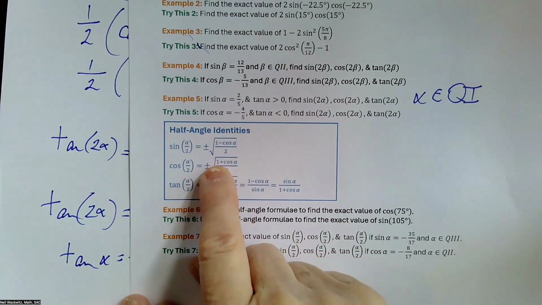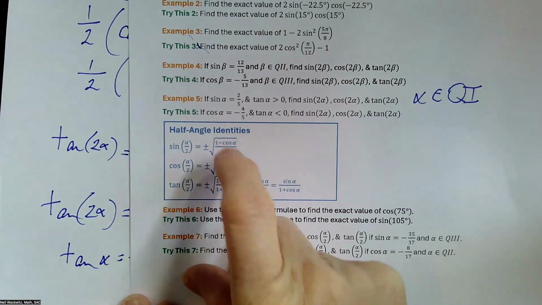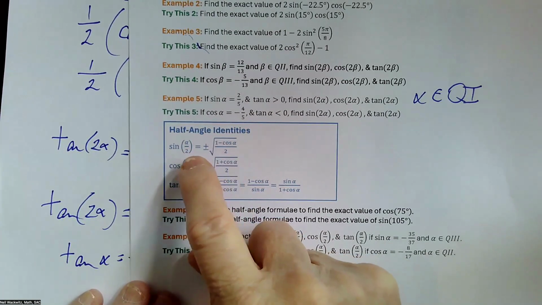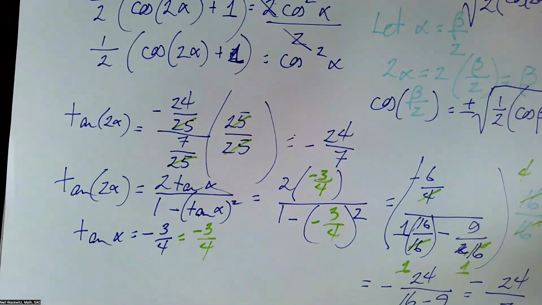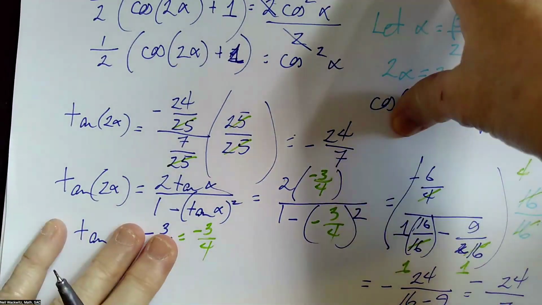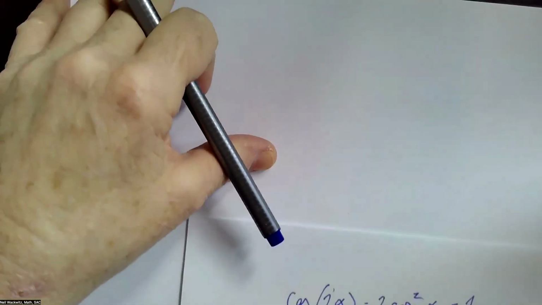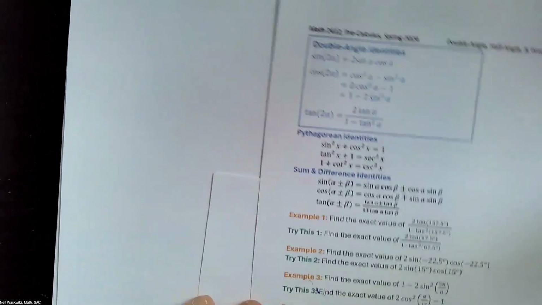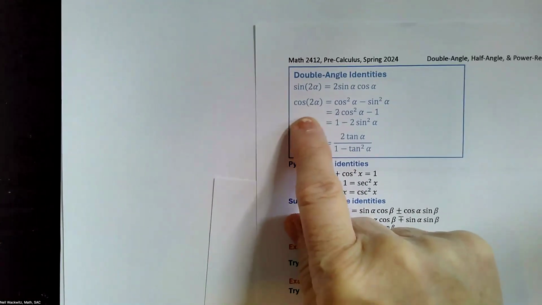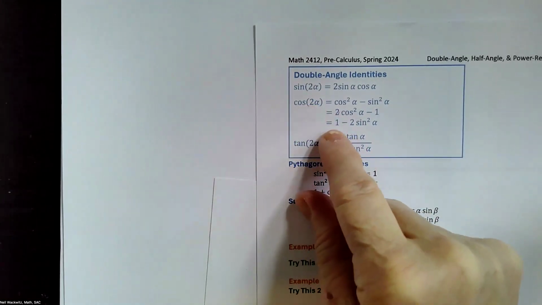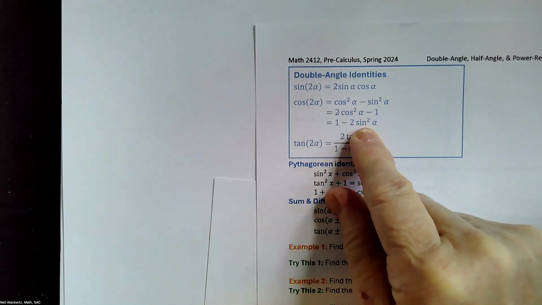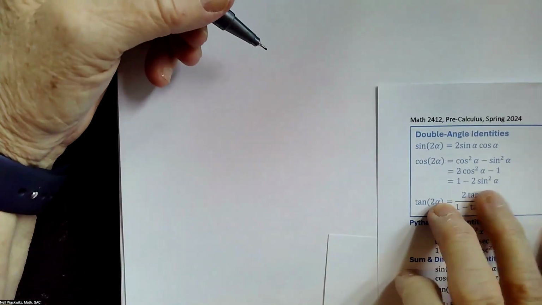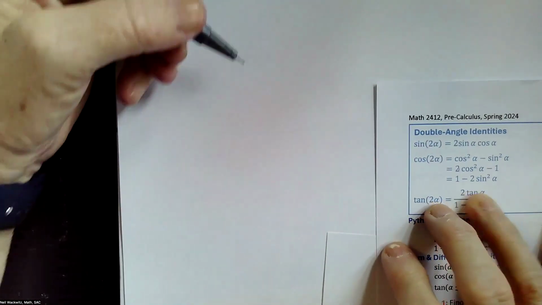And the reason that we're putting the plus sign first is because we want it to match the sine formula. So let's do the same thing with sine. We're going to use that the cosine of 2 alpha can also be written as 1 minus 2 sine squared alpha to find the formula for sine of alpha over 2.